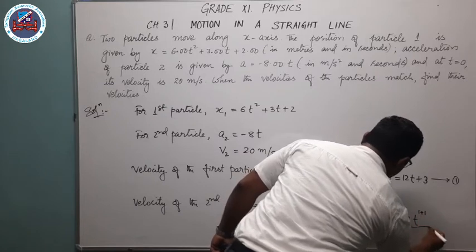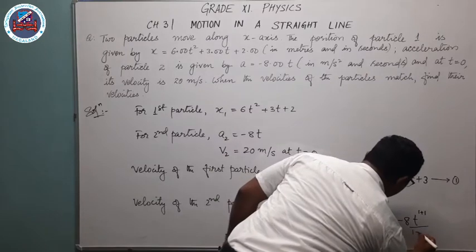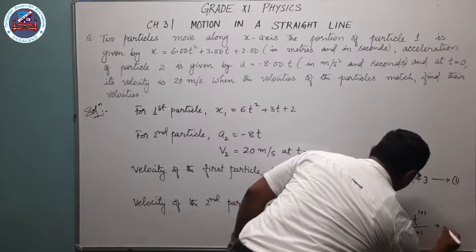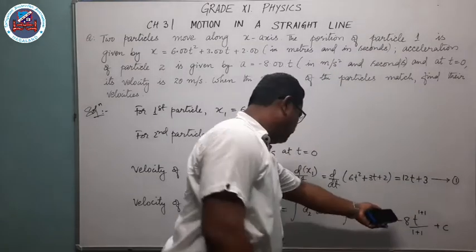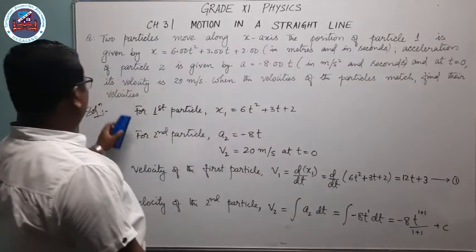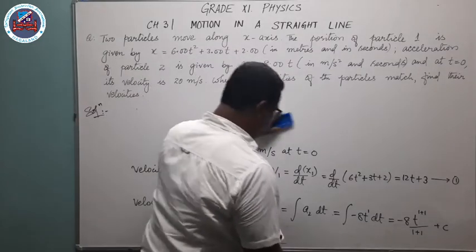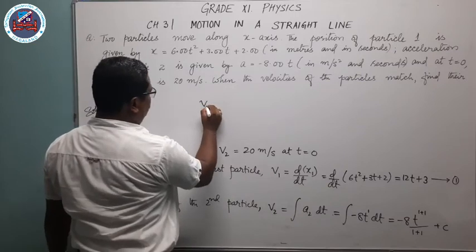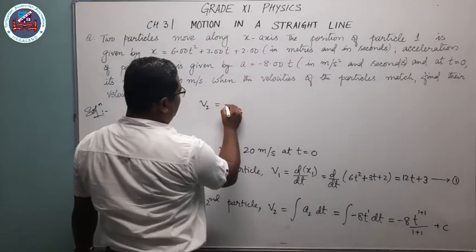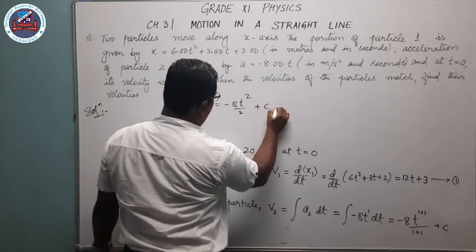We'll have to add 1, and downside 1 plus, a constant term will come. This is v2. v2 is equal to minus 8t squared divided by 2, plus c.